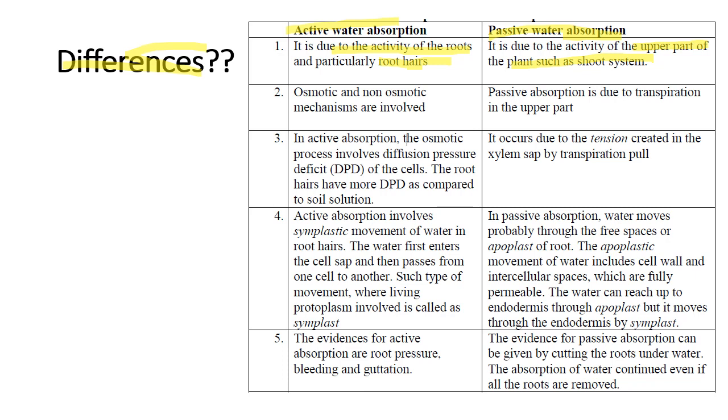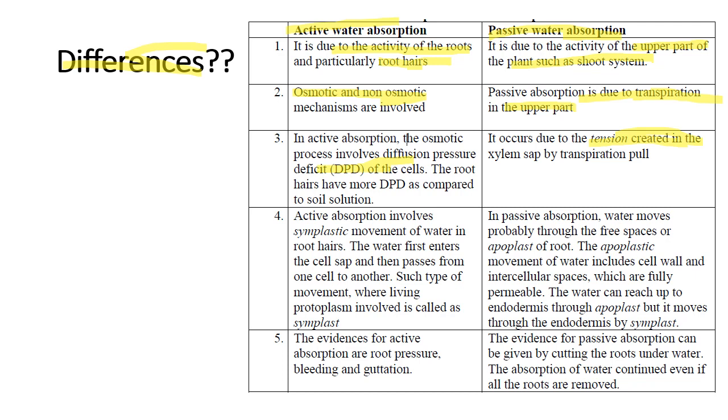Active water absorption involves two mechanisms, namely osmotic and non-osmotic, whereas in passive, the absorption is due to the transpiration that is happening in the upper part of the plant. In active absorption, the pressures such as osmotic pressure, the diffusion pressure deficit, and the suction pressures are involved, whereas in passive absorption, the tension or the pressure created by the transpiration pull is involved.